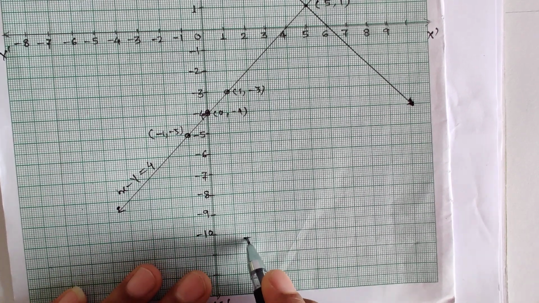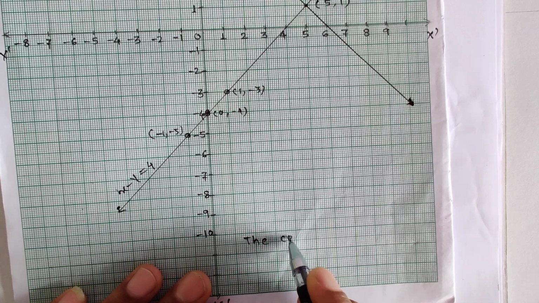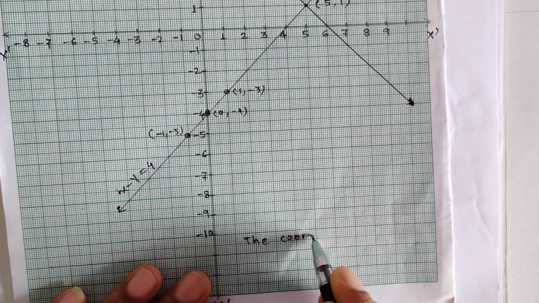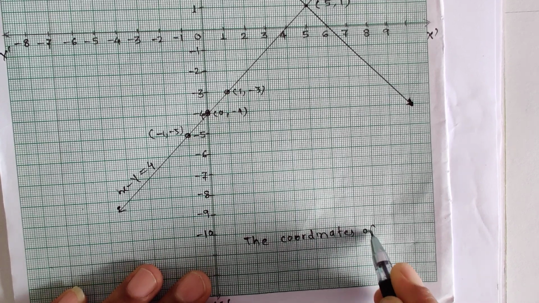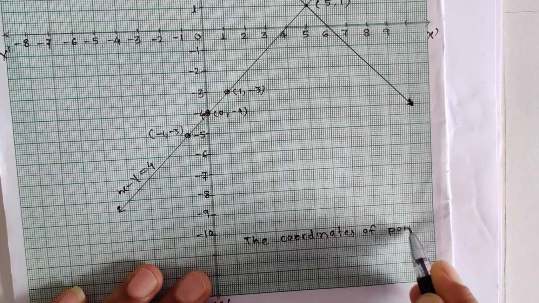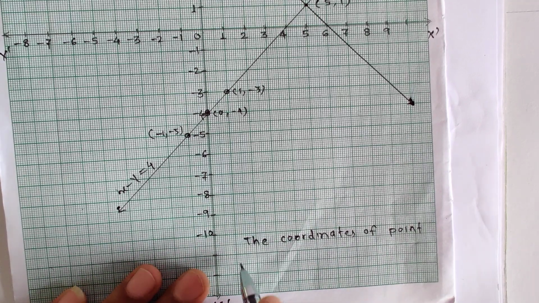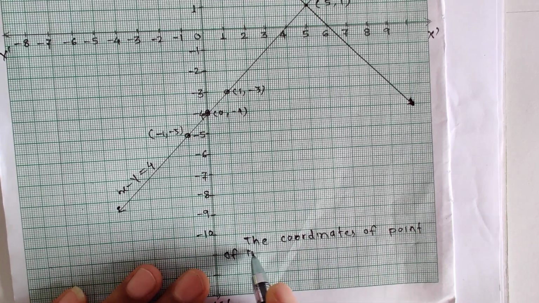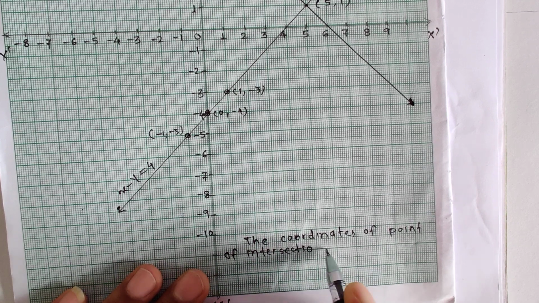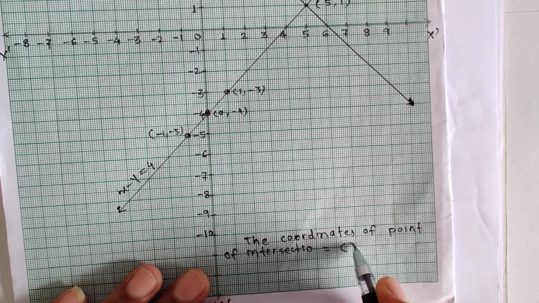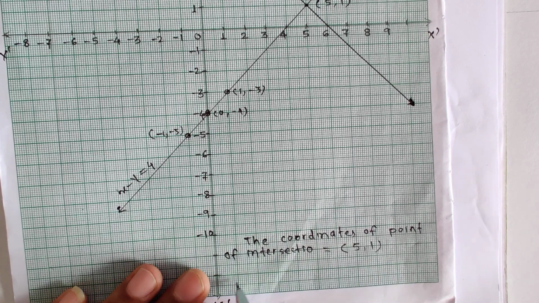The coordinates of point of intersection is equal to 5, 1.